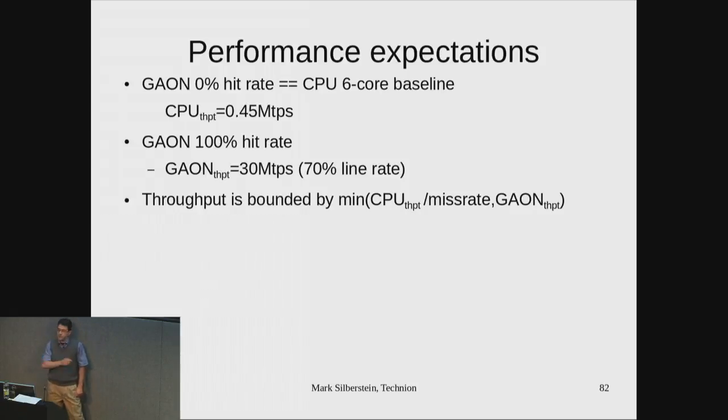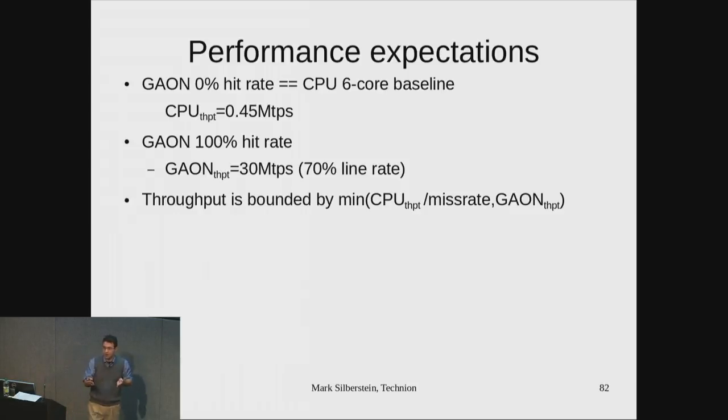And this is only 70% of line rate because there is some bug in the shell that does not allow us to generate packets quickly. But fundamentally, the throughput here is bounded by this formula, right? Which is the CPU throughput. Because when the CPU becomes overloaded, it starts dropping, and at that point it doesn't matter whether the NIC is fast or not.